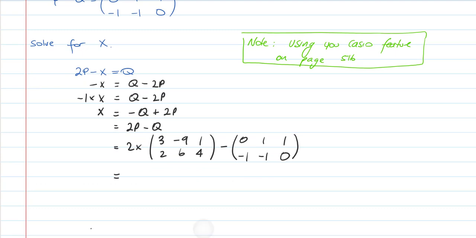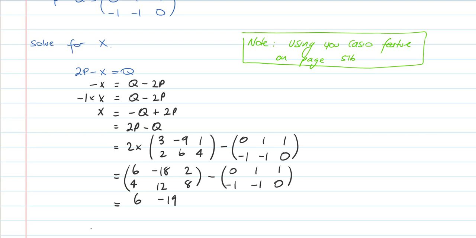So it's 2 times 3 is 6, negative 18, 2, 4, 12, 8, minus 0, 1, 1, negative 1, negative 1, 0. And then my final answer is 6 minus 0 is 6, negative 18 minus 1 is negative 19, 2 minus 1 is 1, 4 minus negative 1 is 5, 13 and 8. And that's the value of X to solve that equation. Hope you can see how that matrix equation works.